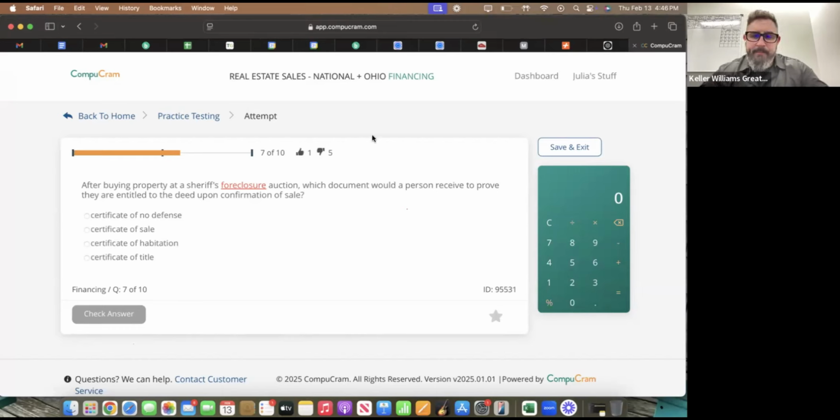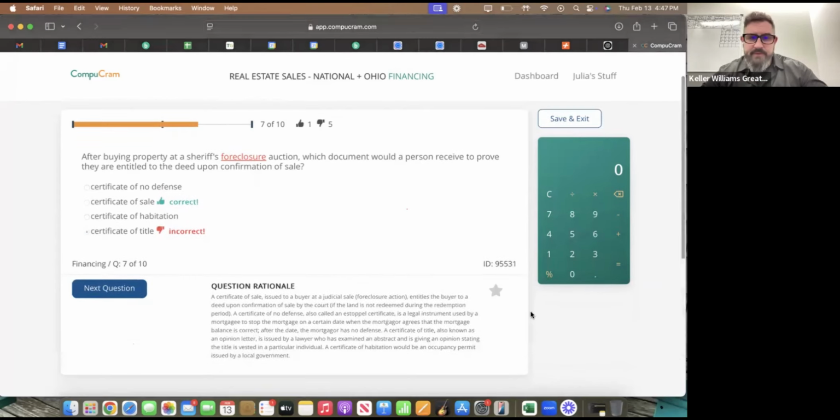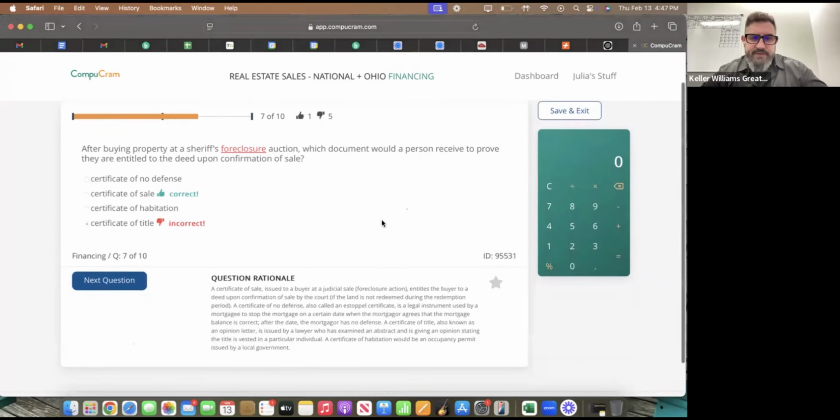What do you think? Tony's going to guess D. Let's see if Tony's right. It is certificate of sale. So for a sheriff's foreclosure auction, a certificate of sale is issued to a buyer at a judicial sale by the court.